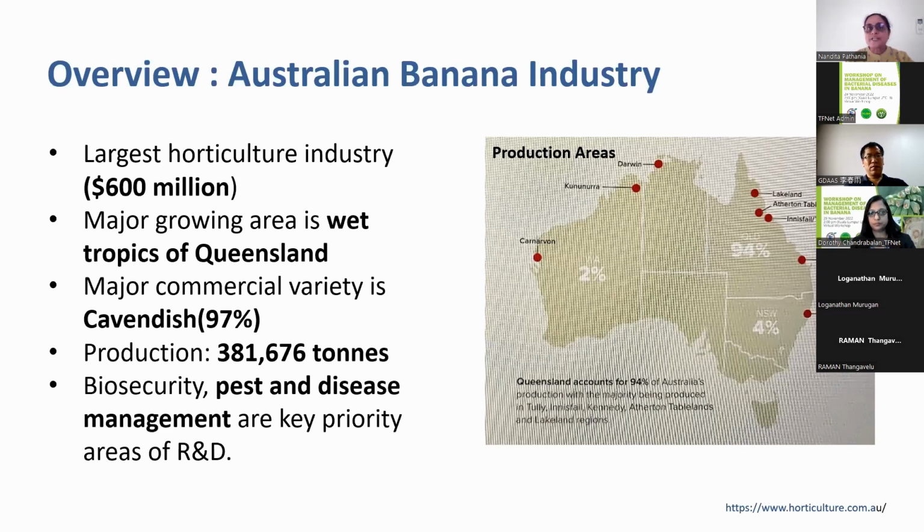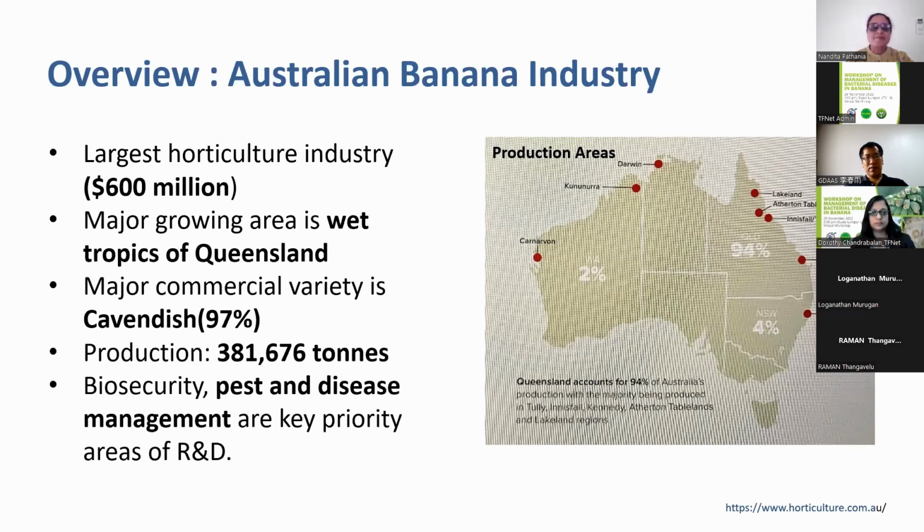There are around 800 banana growers in Australia and 130,000 hectares under banana cultivation that produce 381,000 tons of banana every year. And I reckon that equates to one-day consumption of major banana-producing countries like India.